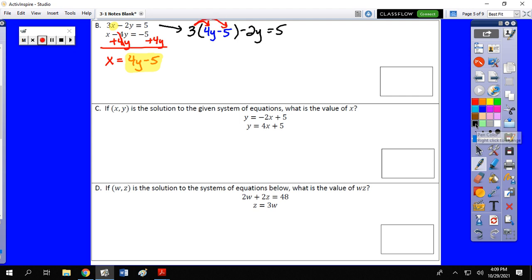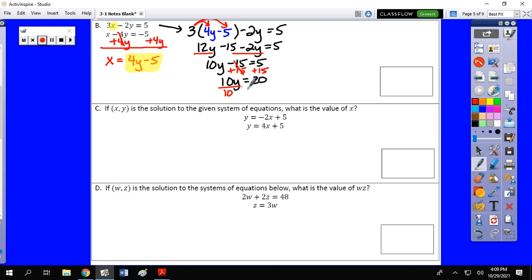So we distribute the 3, 12y minus 15 minus 2y equals 5. We combine like terms. 12y minus 2y is 10y minus 15 equals 5. Add 15 to each side would give us 10y equals 20.